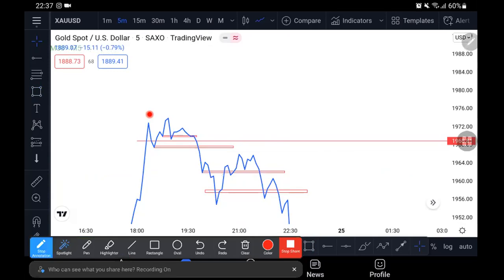Over here, we have a breakout, and when the price came and failed to break this, then we can put the divergence trend line over here, and then expect the same. Something like that.